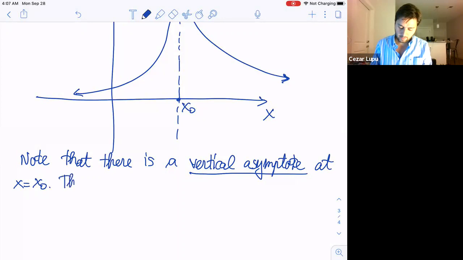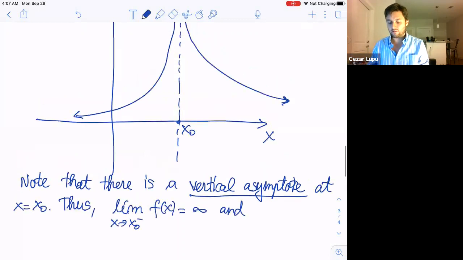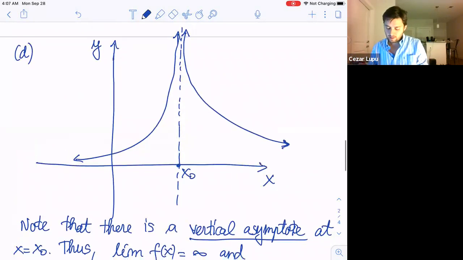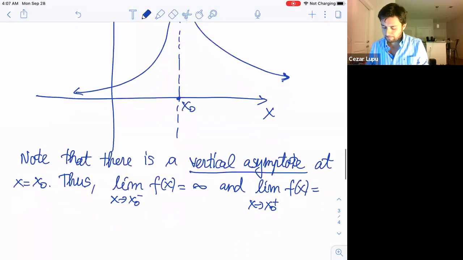So this implies that the left-hand limit, so the limit as x approaches x naught from the left of f of x, is clearly infinity, because you see the graph keeps going. And the right-hand limit, so the limit as x approaches x naught from the right of f of x, will be again infinity.